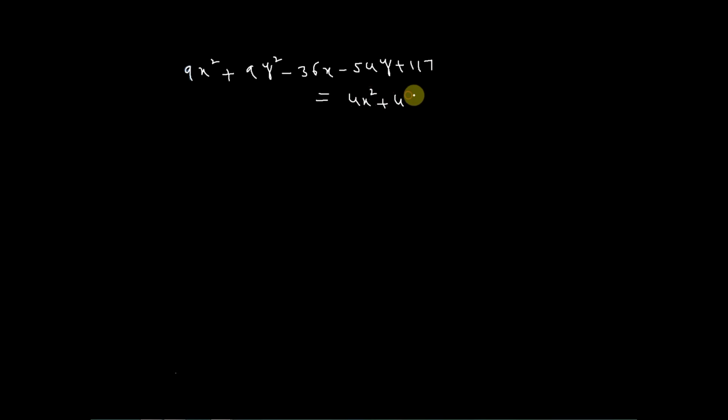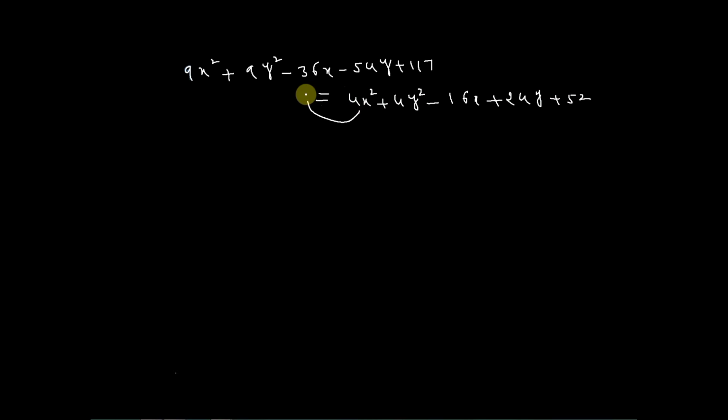9x square plus 9y square minus 36x minus 54y plus 117 is equal to 4x square plus 4y square minus 16x plus 24y plus 52.